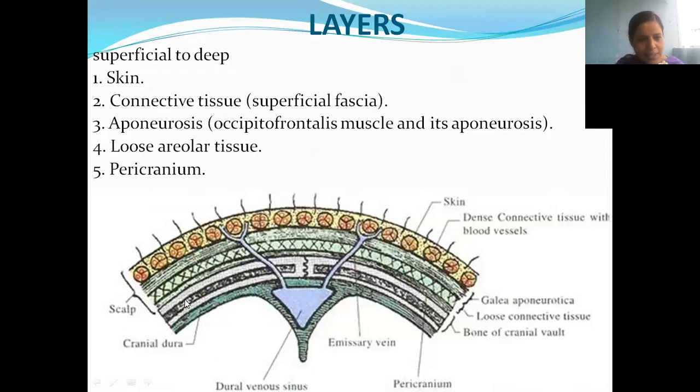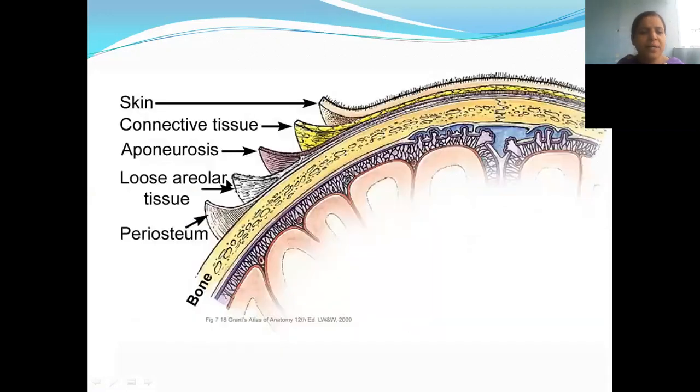Then L is loose areolar tissue, and the fifth layer, just above the skull bone, is a thin membrane, that is pericranium. SCALP: skin, connective tissue, aponeurosis, loose areolar tissue, and pericranium.